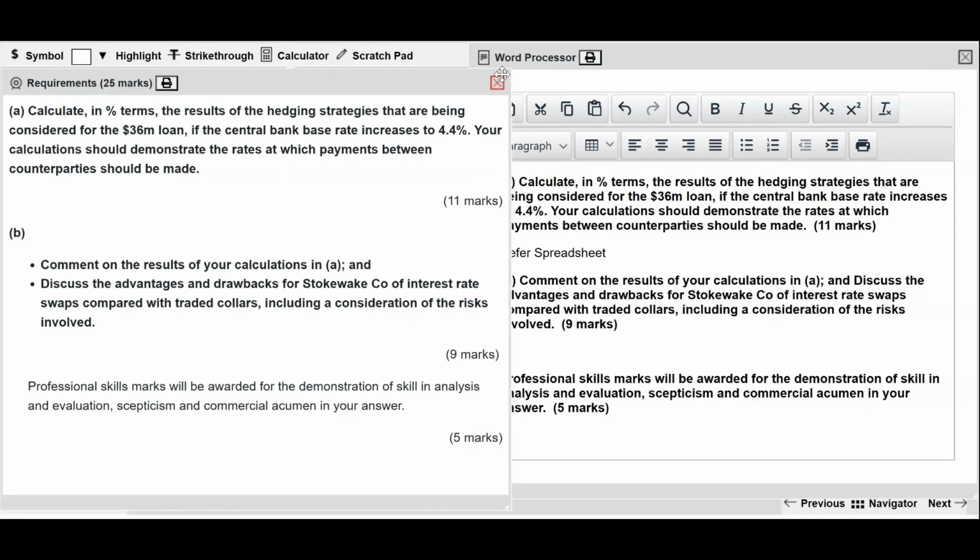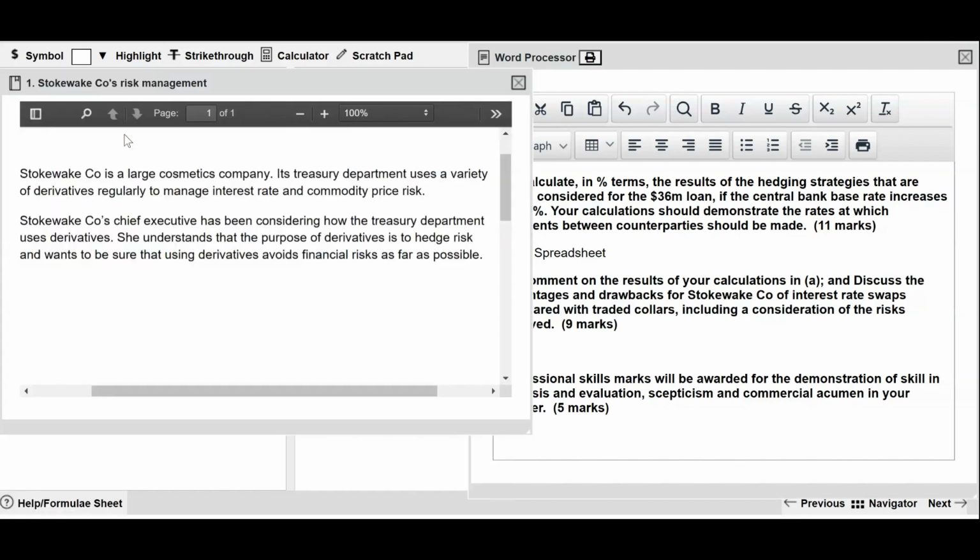Exhibit 1. Exhibit 1 says that Stockweek is a large cosmetic company and its chief executive is concerned about how the treasury department uses its derivatives, and they need to understand the purpose of derivatives.